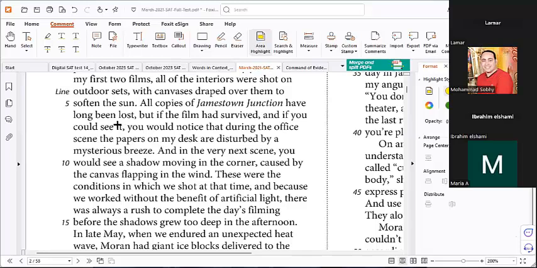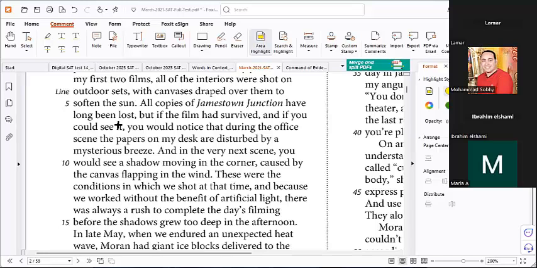But if the film had survived, and if you could see it, you would notice that during the office scene, the papers on my desk are disturbed by a mysterious breeze.